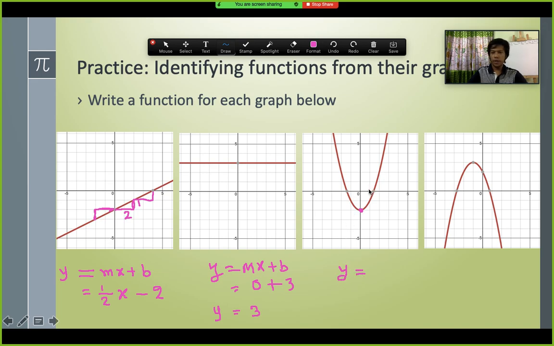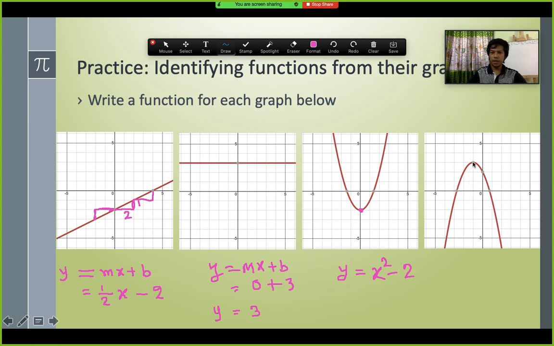You see, the x squared graph came down 2 units. If it is 2 units up, then it is +2. As the graph is 2 units down, it will be -2. That's the equation of this graph.